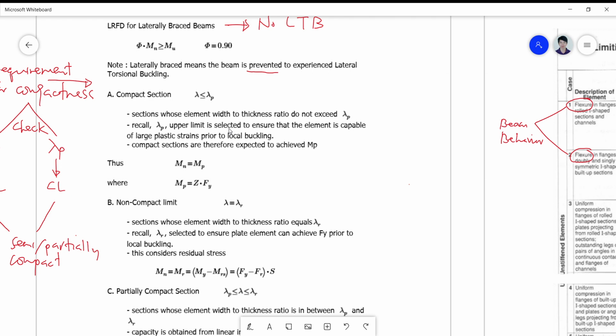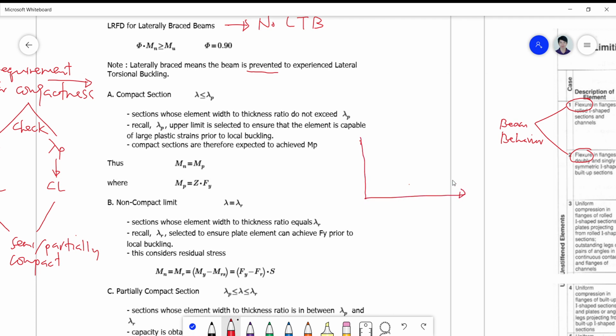In this type of behavior, your sections are expected to achieve the plastic moment that I discussed in the previous video.